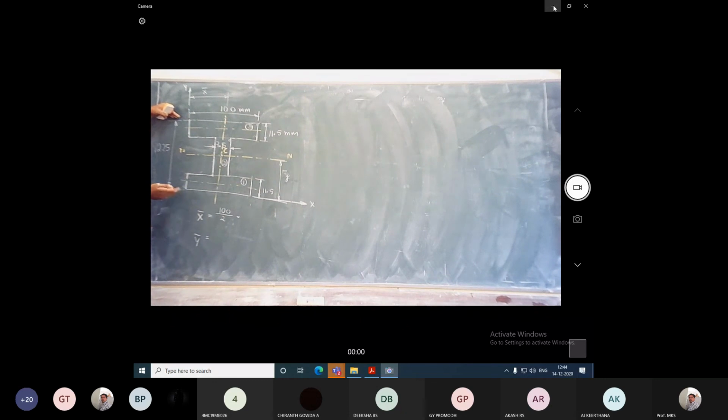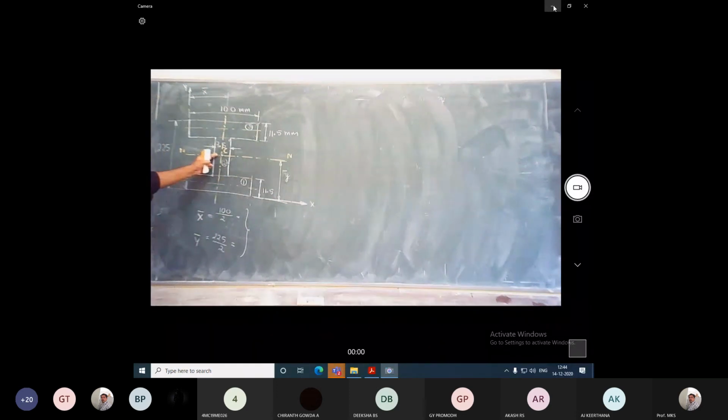For an unsymmetrical section, in the next class, I will show how to do it. So the y bar distance will be 225 by 2. This is the location of point C on the neutral axis, for symmetrical sections.